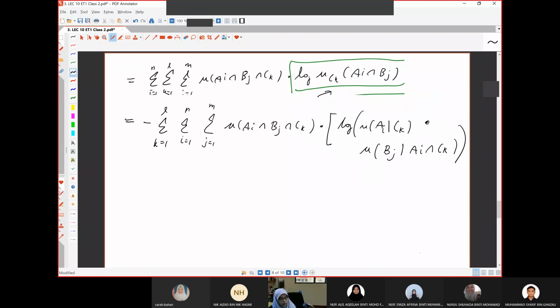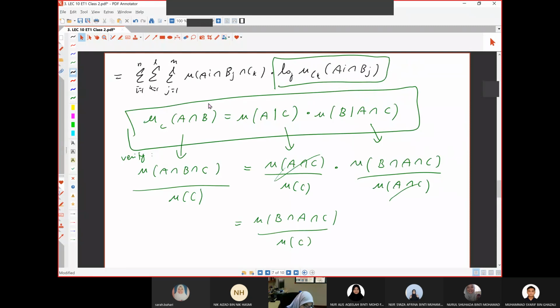Log, again log, mu AI given that CK multiply with mu BJ given that AI intersect CK. So that means I just use this formula here. I rewrite my equation of conditional measure in terms of the first term here and then the second term. This. Okay, so change.